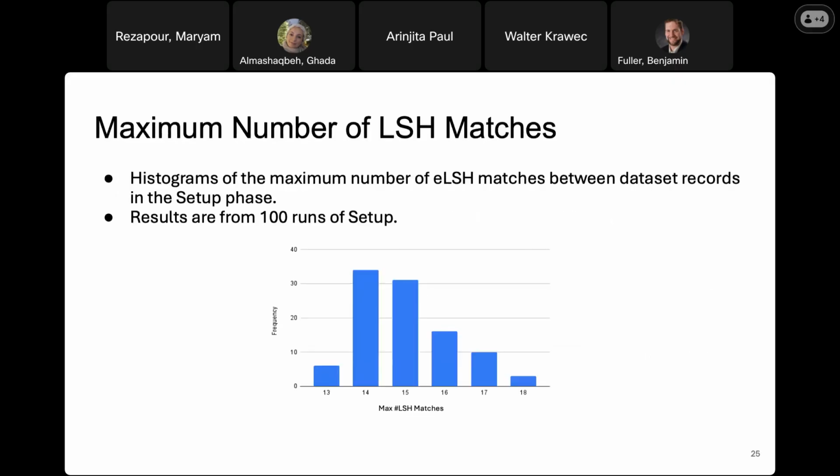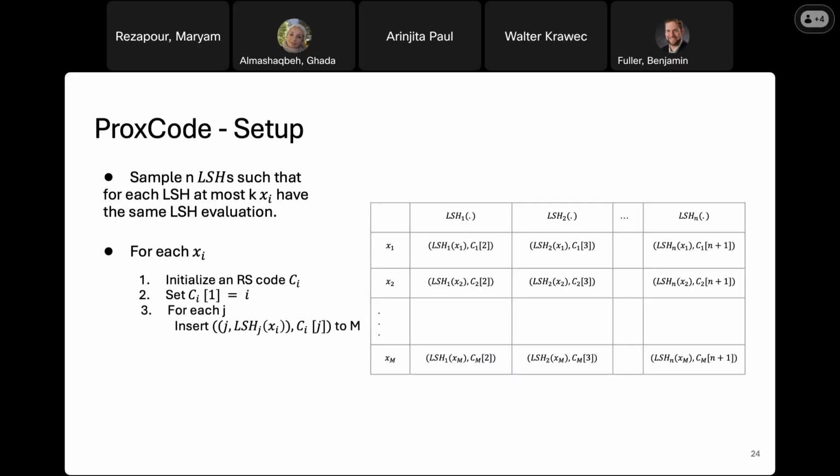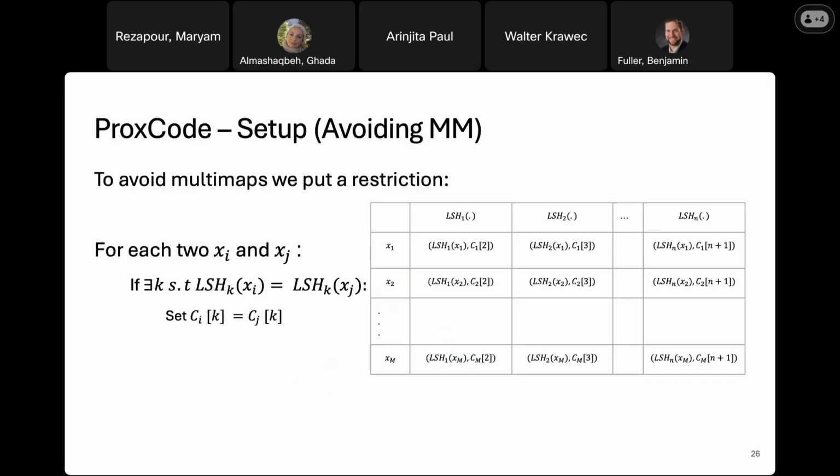Yeah, exactly. First we initialize the RS code and construct this table, and then we check that condition. So you basically construct the multi-map, then you reduce. Yeah, it can be a multi-map at first.